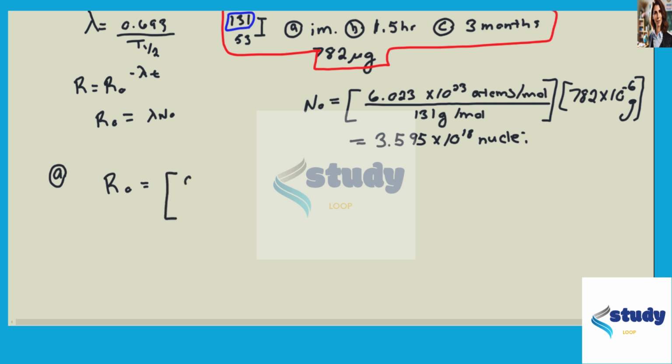And we have 0.693, and we have a half-life for this. Oops, I forgot the N, guys. So here we're using this equation right here. And the half-life, it looks like we have 8.0252 days. And again, you can either look in the appendix of your book or look it up on Google.